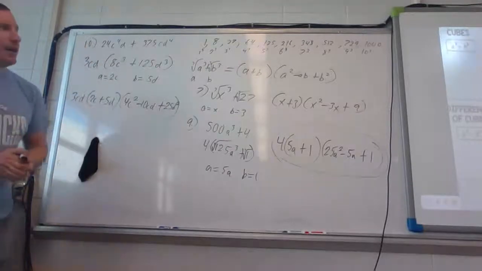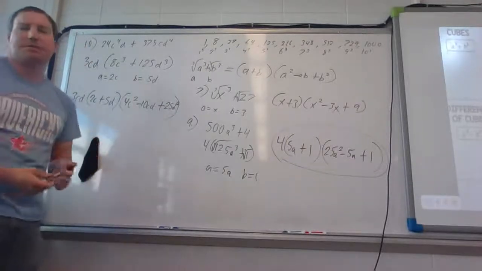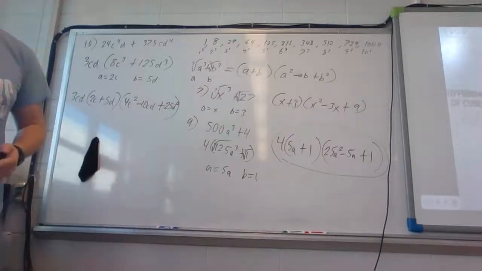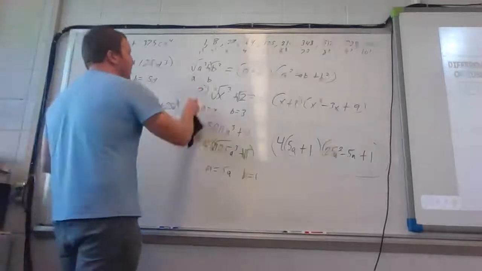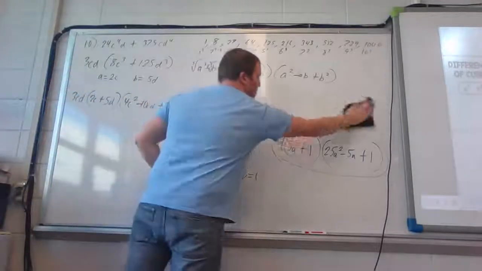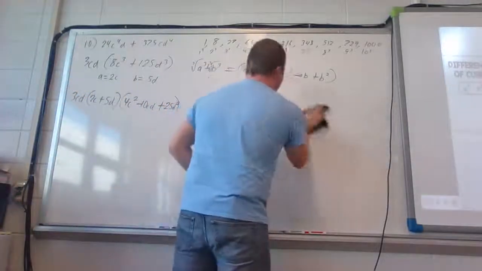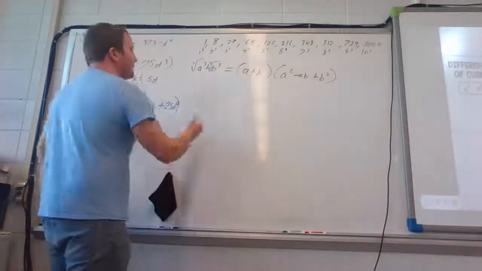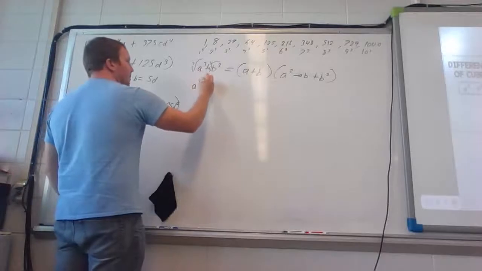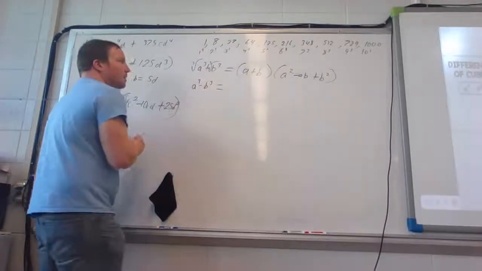So then let's look at our difference of cubes. It's very, very similar. Our sign in the middle changes. We now have a cubed minus b cubed.